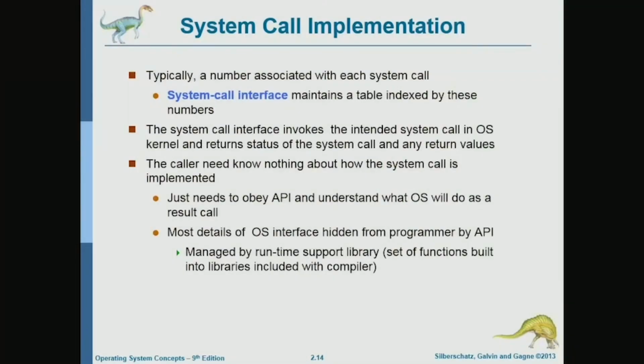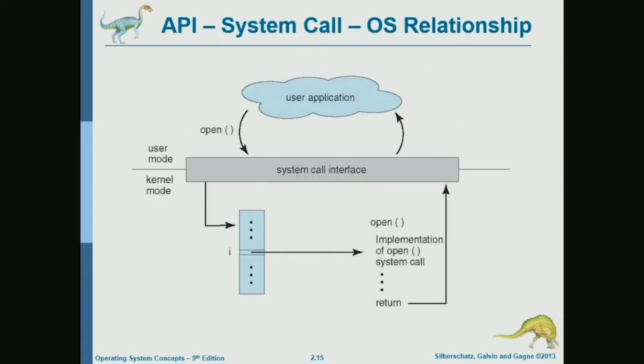Now, in implementing system calls, the system has a system call interface. The system call interface is the interface between the application programs and the actual system calls. The system call interface will have just a table, because each system call has a number.